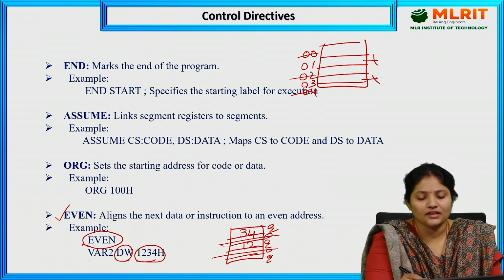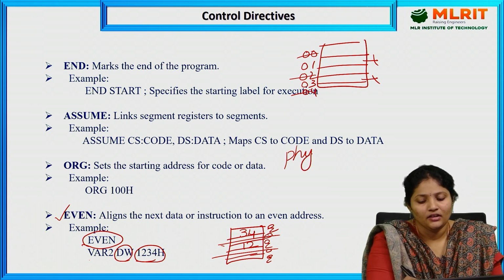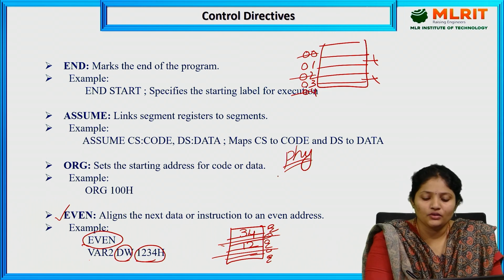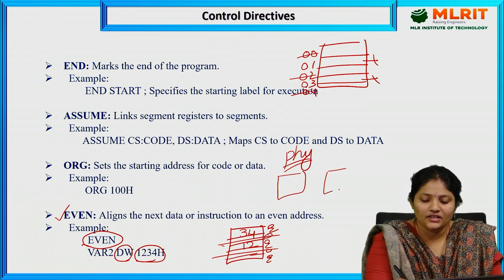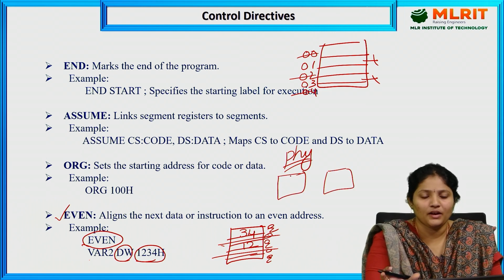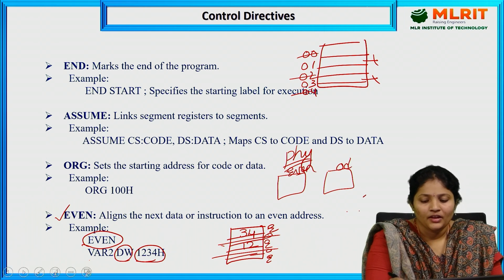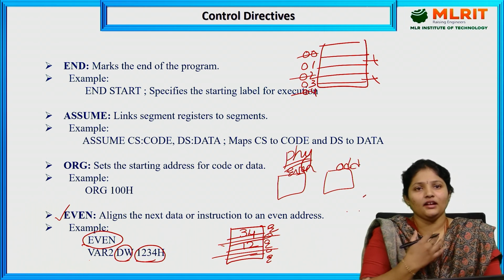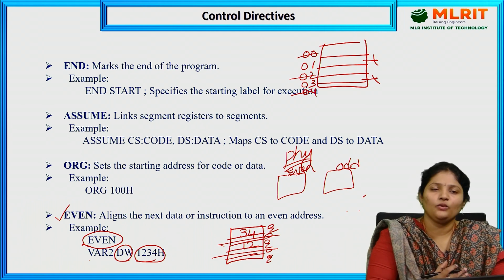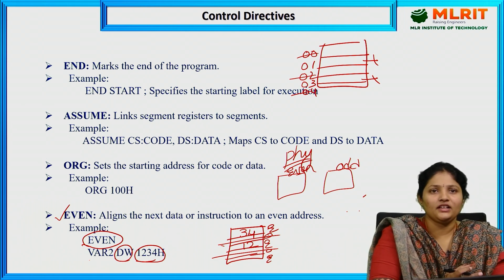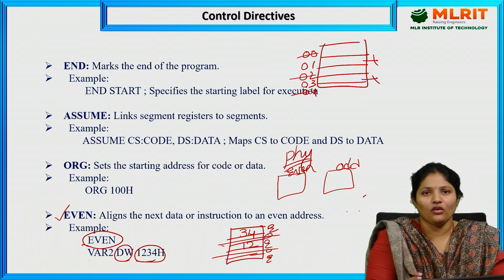While I was discussing the physical address memory of 8086, I told you that the total memory is segmented into 2 different parts: one is even location and one is odd location. Fetching the data present in even locations is executed fast when compared to the data present in odd locations.